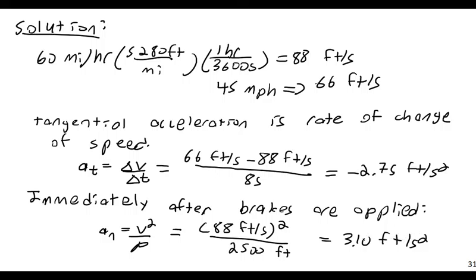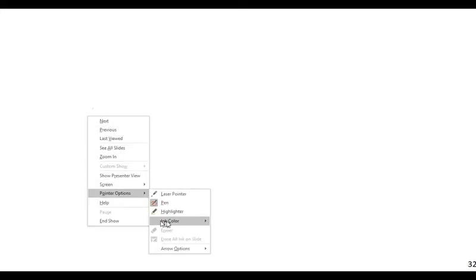So I now have the tangential and the normal component of this acceleration. And so I'm going to make a quick sketch in order to illustrate what's going on here. I have the motion of the object, which is the car in this case. So let's draw it something like this.